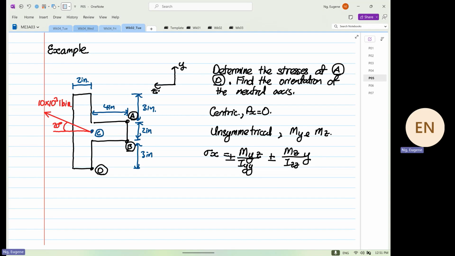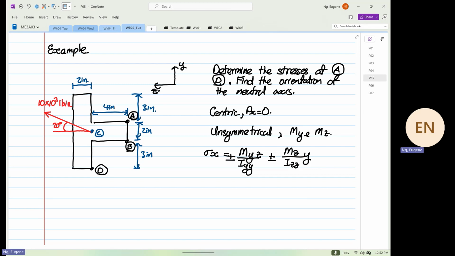Do not worry. Are we clear? I repeat again. Do you need to worry whether it is plus or minus? Don't worry yet. What dictates the plus or minus are your what? Moment vectors. Are we clear? Okay, so don't bother for now. So we have a lot of variables that we have to determine.